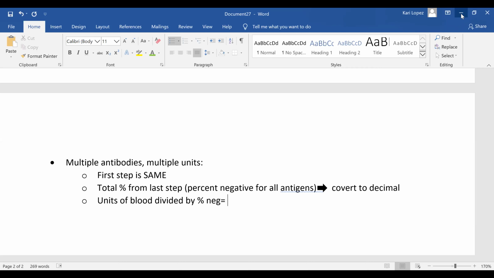How many antigen what? That's going to be how many units may be required to find your compatible units. So how many antigen typings you'll have to do to find the compatible units that you need. Approximate number of units.